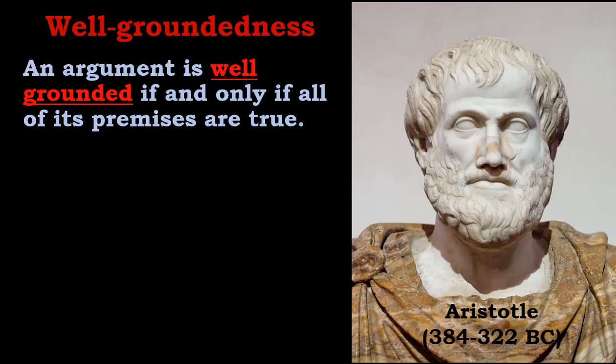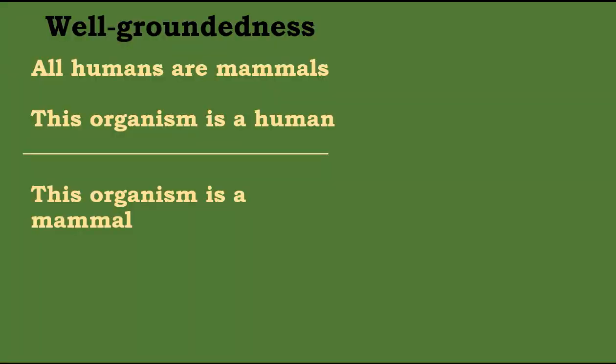Now, you may think, well, why do we use valid arguments? This is a bit nonsense. Well, we need to evaluate something else, which is the well-groundedness of arguments. So an argument is well-grounded if and only if all of its premises are true. So if the two premises are true, the argument is well-grounded.